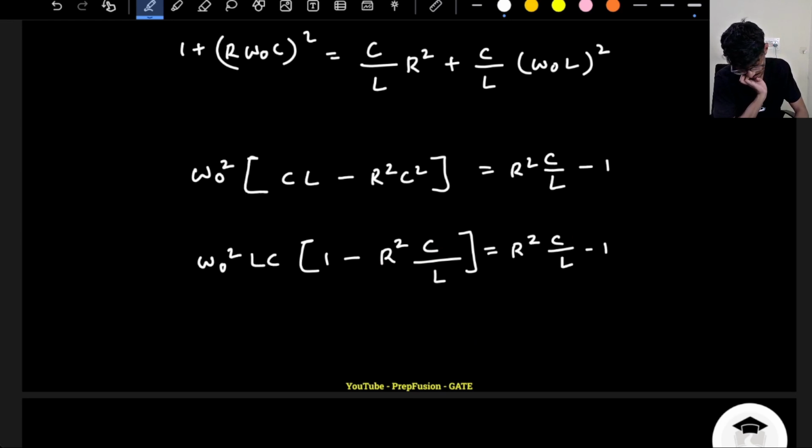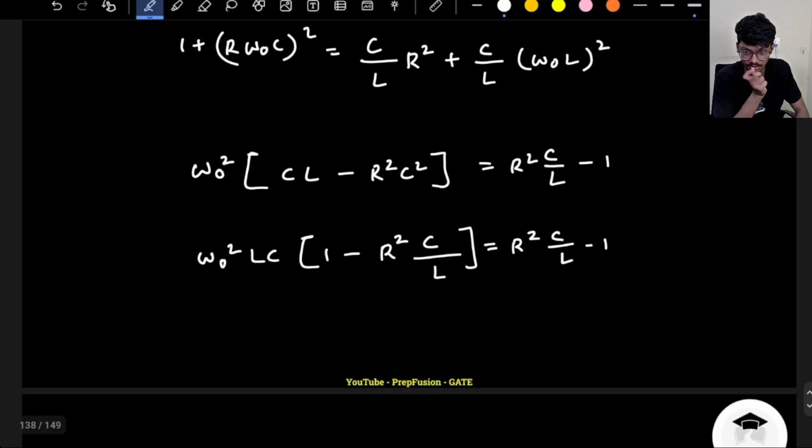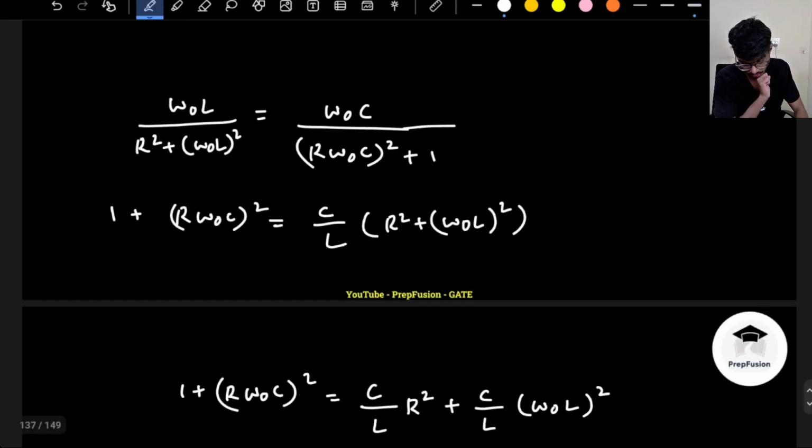No, I cannot simply cancel this one out because this is different, right? Okay, this is negative. I'm just checking whether I can simply cancel. Okay, yeah, for now I can cancel because RL is equal to RC. Yeah, RL is equal to RC.